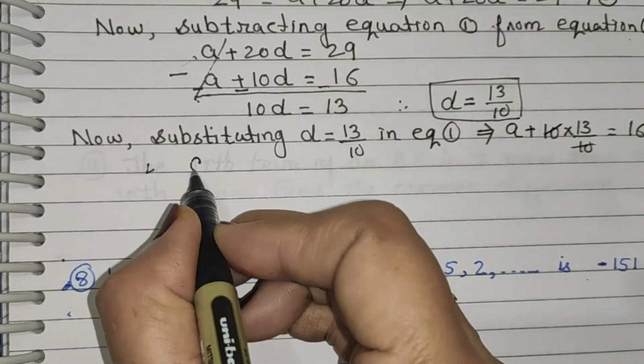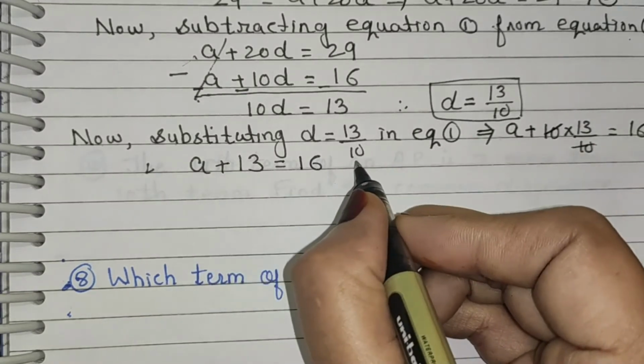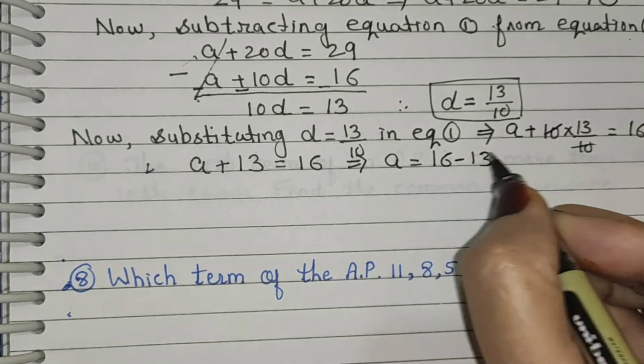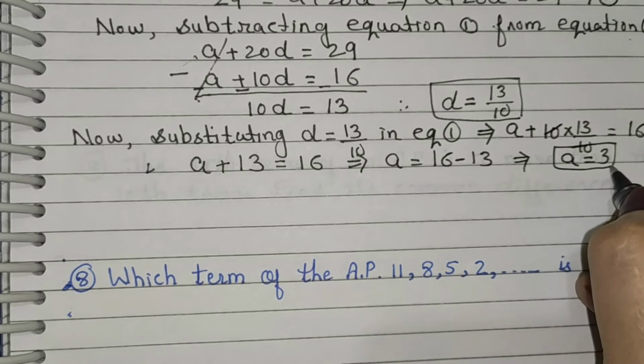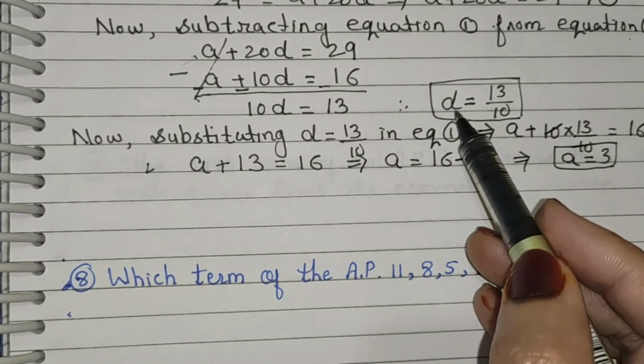We get here A plus 13 is equal to 16. Now A is equal to 16 minus 13. Therefore the value of A is equal to 3. Now we get here the value of A as well as the value of D.